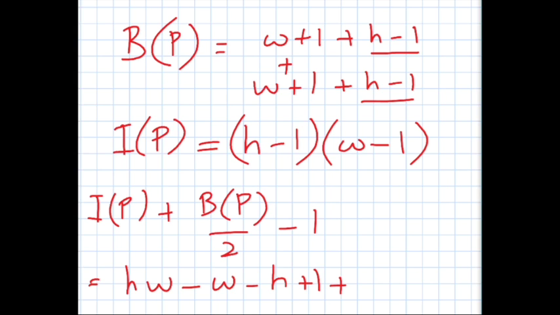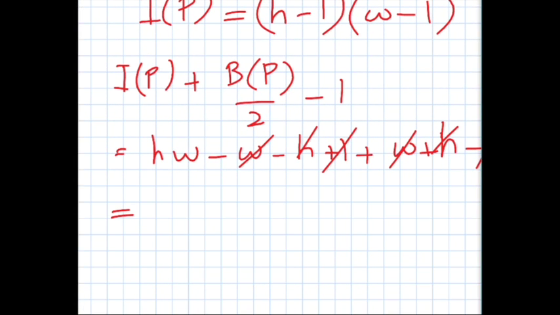We have 2W, 2H, so B of P over 2 will be plus W plus H, and then minus 1 here. Now this W goes with this, H goes with this one, and we are left with height times width. So this works for the rectangle.